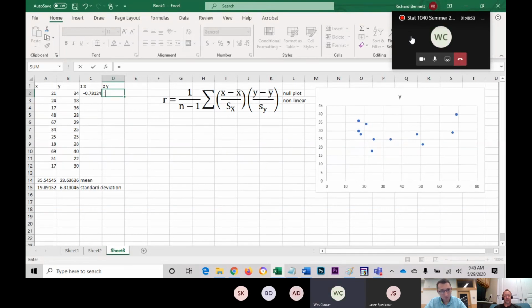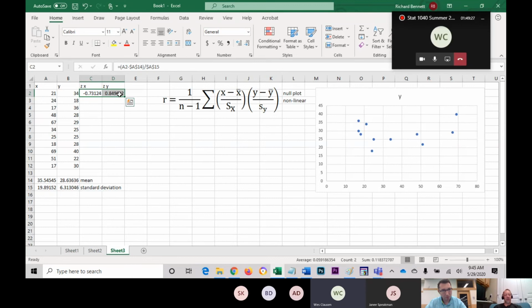You'll do your parentheses, your B2 minus the 34, and you'll need to do your little nifty dollar sign trick. But it'd be B14. Yeah, so I can tell you are an Excel guru. Good job. Divided by your sigma, which is 6.31. And of course, we're going to repeat that, which is really easy to do with Excel.